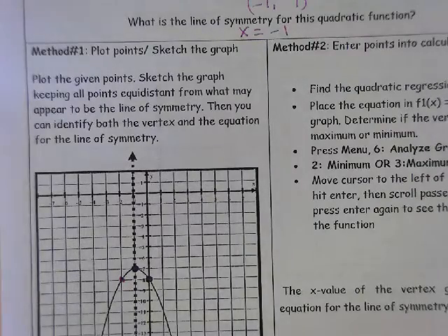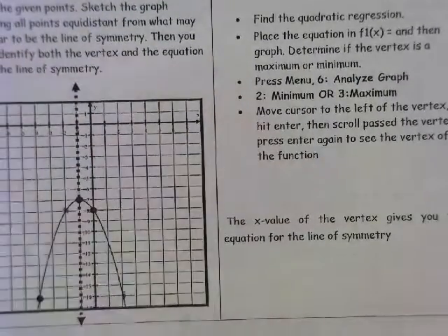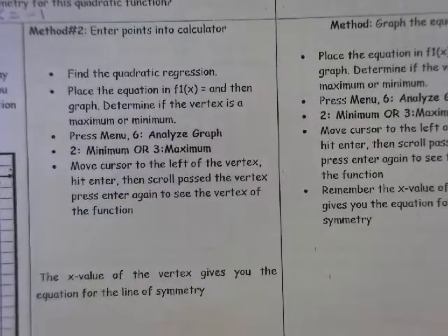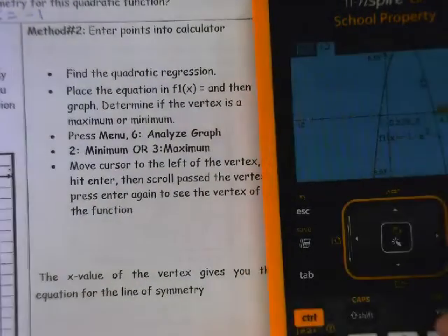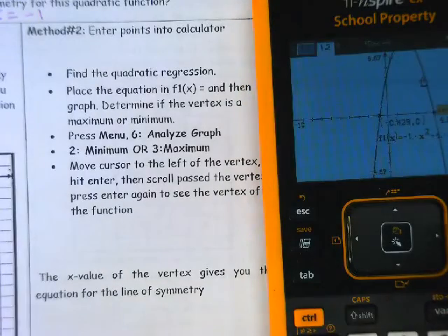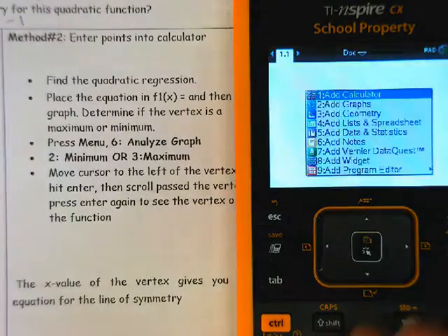So the second method they give us is to put these into the calculator. Now, notice that this does not have any roots, and it's a good thing that we're not asking for roots because the calculator would be like, no, there's not any. We are talking about mins and maxes. So we do not have an equation for this. So we're going to need to start with a new list and spreadsheet.